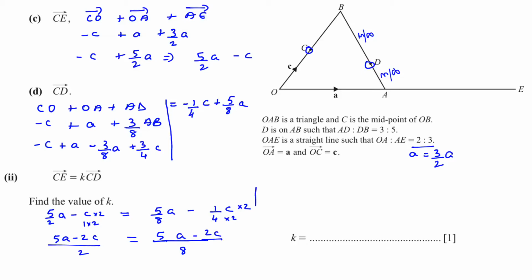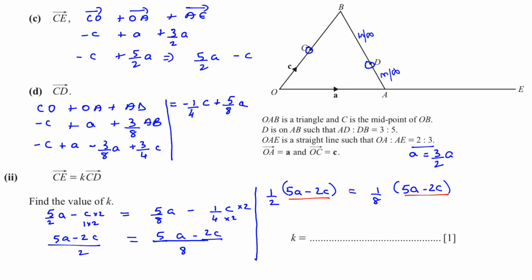We'll factorize the denominators out. Half of (5A minus 2C) is equal to 1/8 of (5A minus 2C). This part is the same, 5A minus 2C and 5A minus 2C is the same.